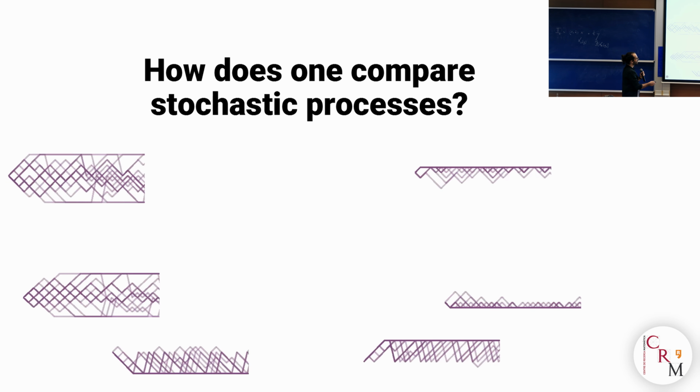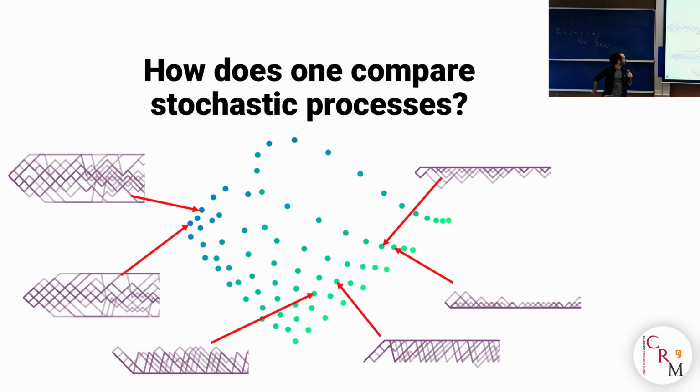And these two things also look more similar to each other than they look to everything else on the other side. So how do I build a quantitative measure of similarity between stochastic processes and Markov chains, to be specific? In particular, how do I build an embedding of stochastic processes into a space like this, and how do I measure distances between them?